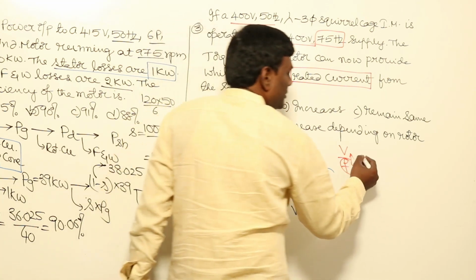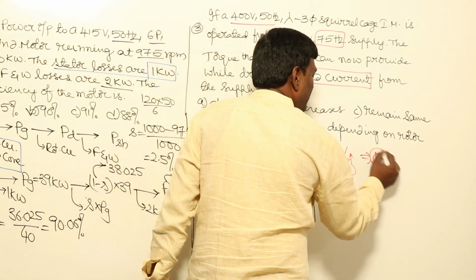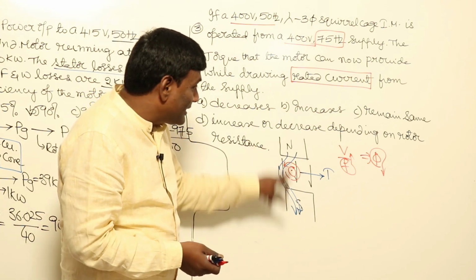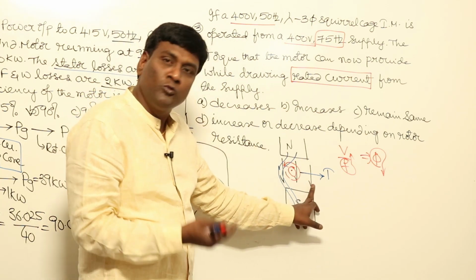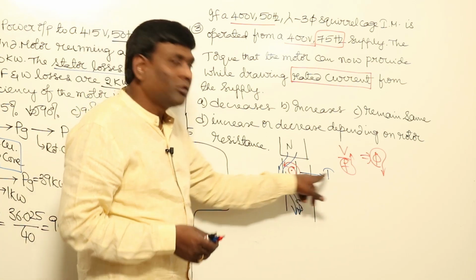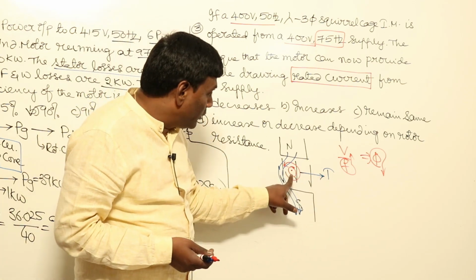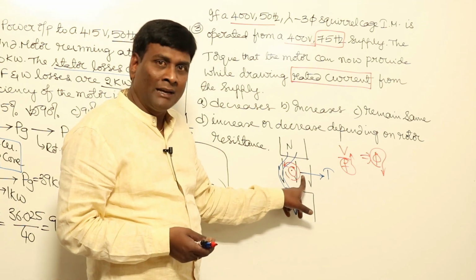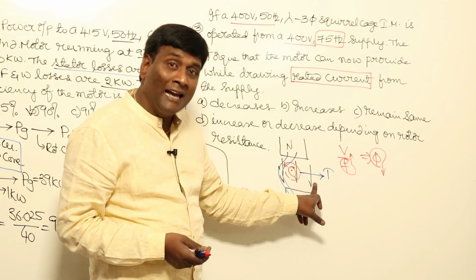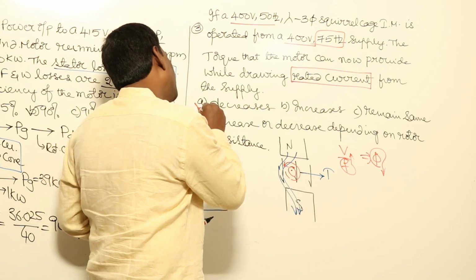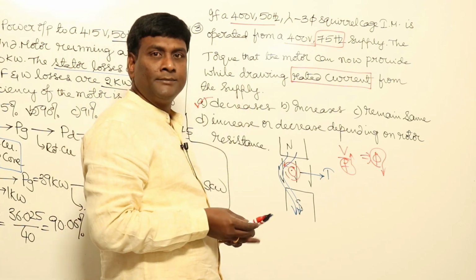If the V by F ratio is reduced, the operating flux will be reduced. In the sense, my RMF, rotating magnetic field strength, black is going to be reduced. If black is reduced, automatically my torque developed has to be reduced. So rated currents are rated, in the sense the red flux is the same, the magnitude of flux is the same, but the black magnitude of flux is reduced, so torque has to decrease.